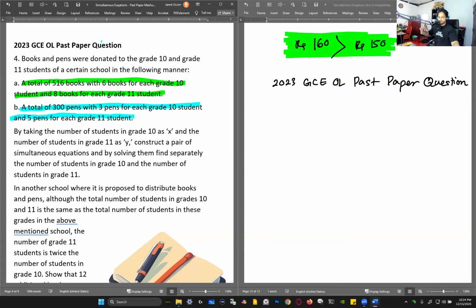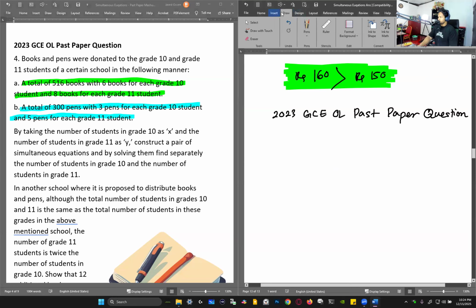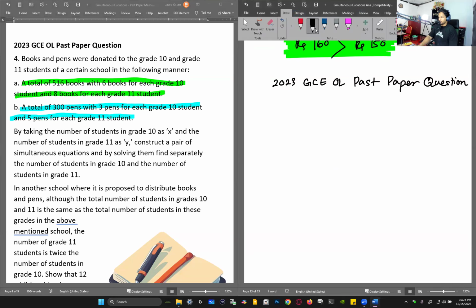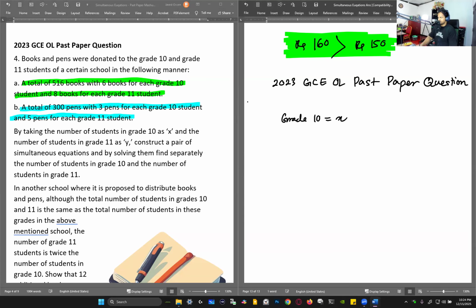So coming back to the point, we are supposed to take, there's more, by taking the number of students in grade 10 as x. So grade 10 equals x.